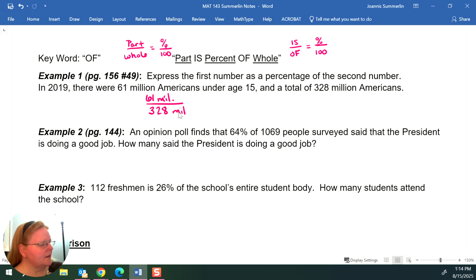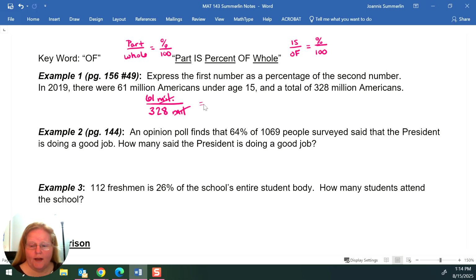Now I could write these numbers all the way out, you know, the 61,000,000. But there's no need because we have millions in both of them. So the zeros are just going to cancel out. These units just cancel out.